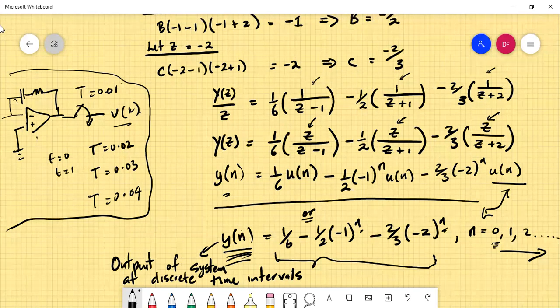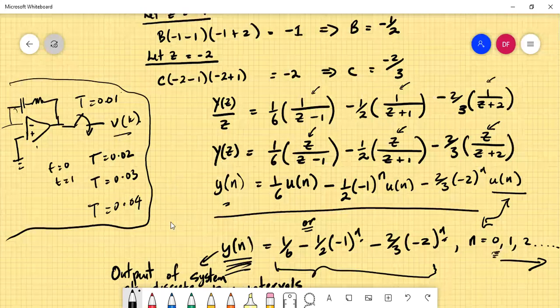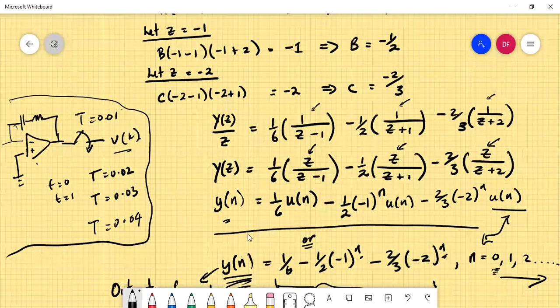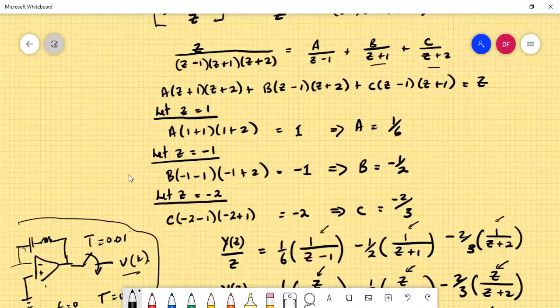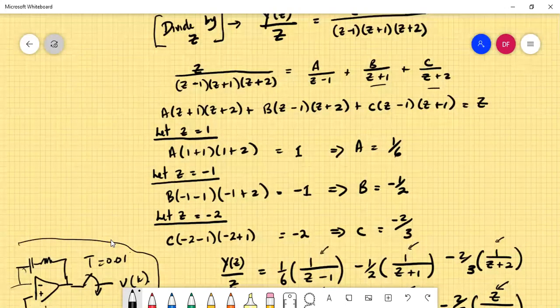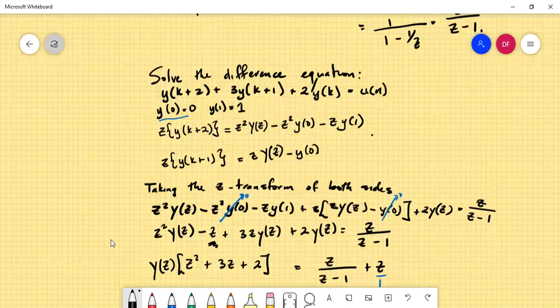All right, so that Y[n] represents the output. Just a note here: Y[n] describes the output. And all the way back up here, the input was 1, or a step input.